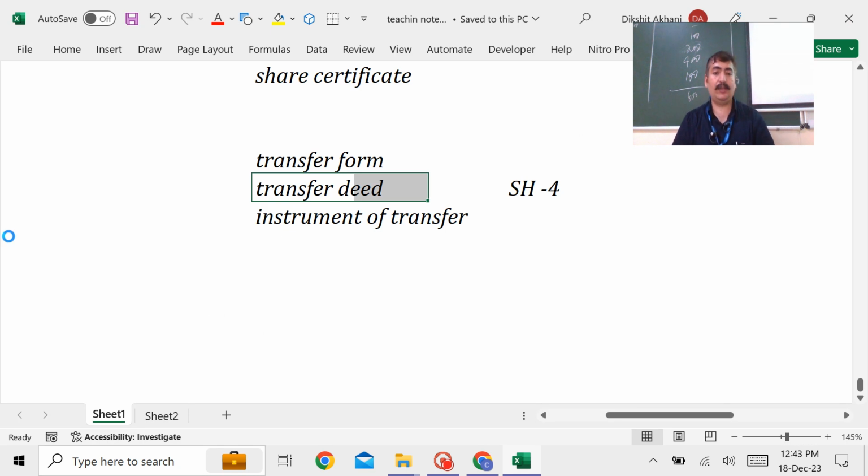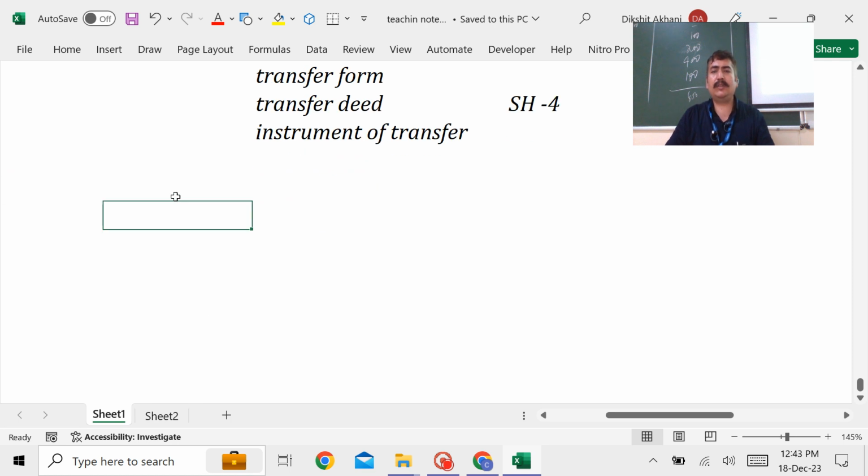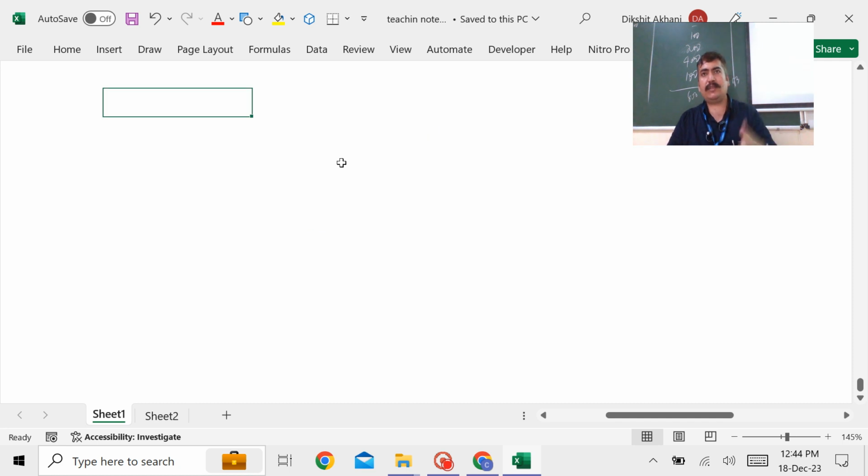Okay. Now let's directly hit the provisions of sections 56, 57, 58 and 59. Let me tell you the structure of these 4 provisions and what kinds of questions we are going to learn. So write down the questions they can ask in the exam.